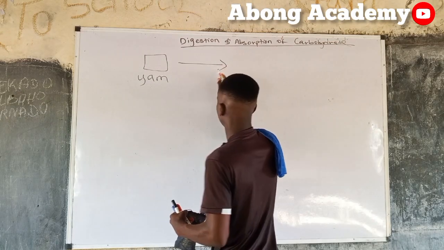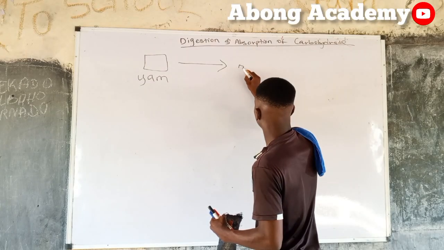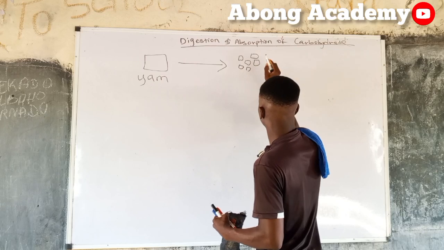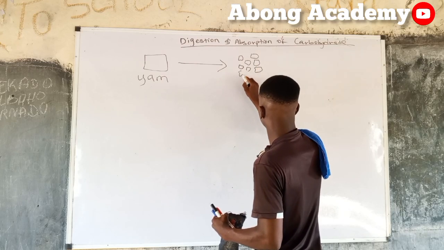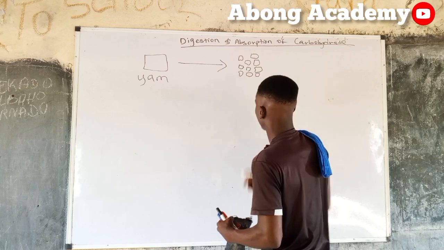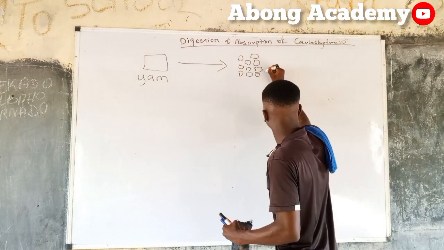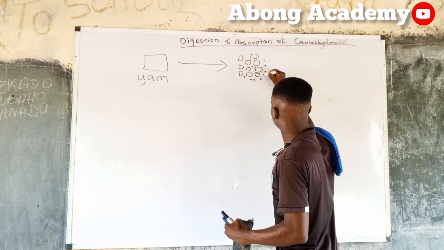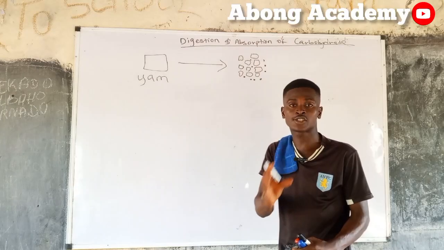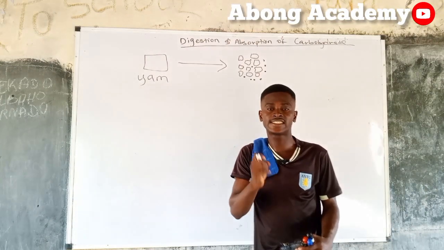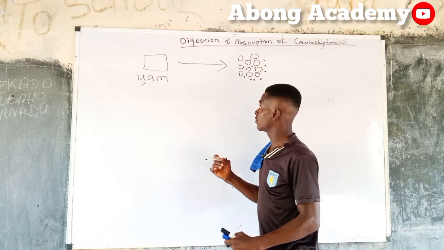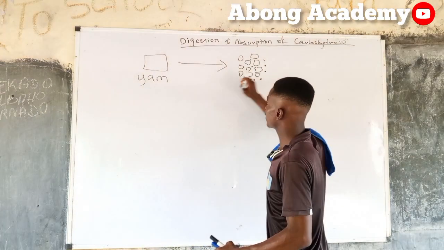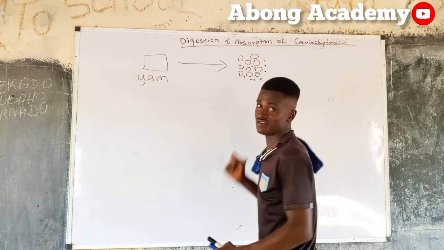The breakdown of this piece of yam into these simple units, the smallest unit, even smaller than this, that the body is now able to absorb, that the GIT is able to absorb. That whole process is referred to as digestion of carbohydrate.